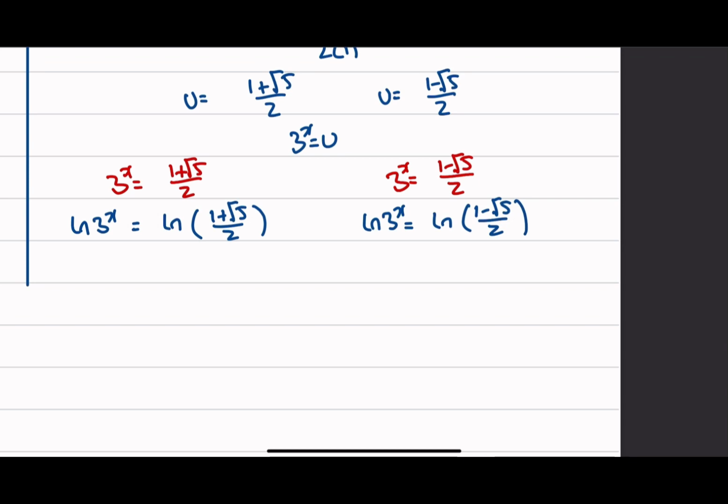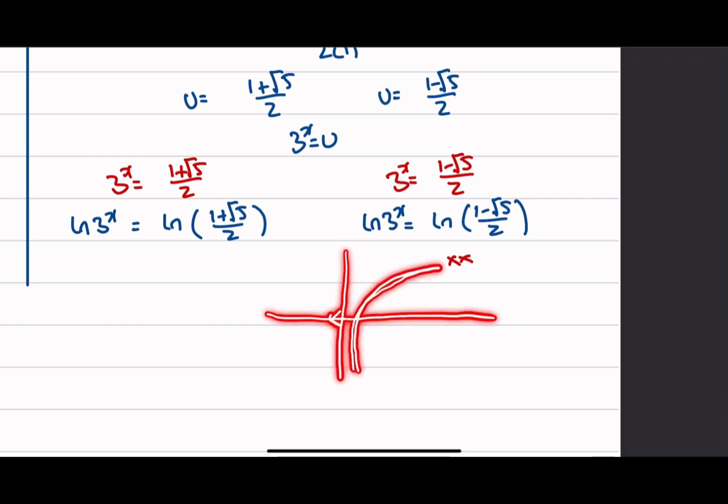Now the answer over here will be undefined because 1 minus under root 5 over 2 gives you a negative answer, and the input for logs can never be negative, because the graph for logs always looks like this. They never reach the negative x-axis.